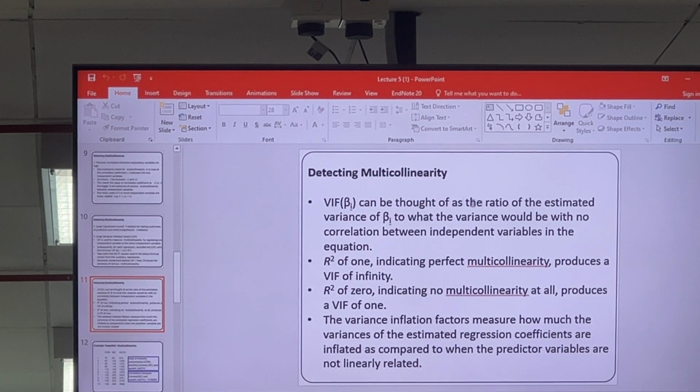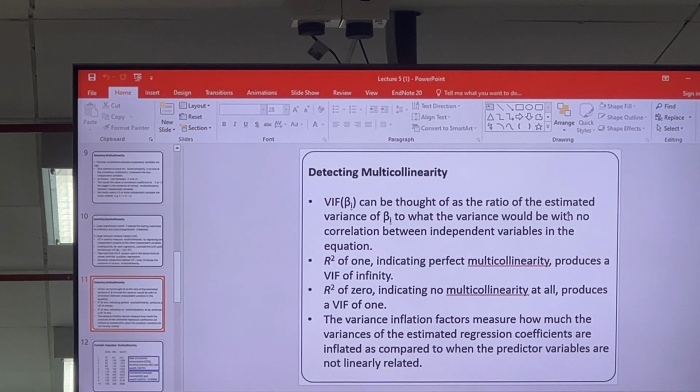The variance inflation factor can be thought of as a ratio of the estimated variance of the estimator, the beta, to what the variance would be with no correlation between independent variables in the equation.